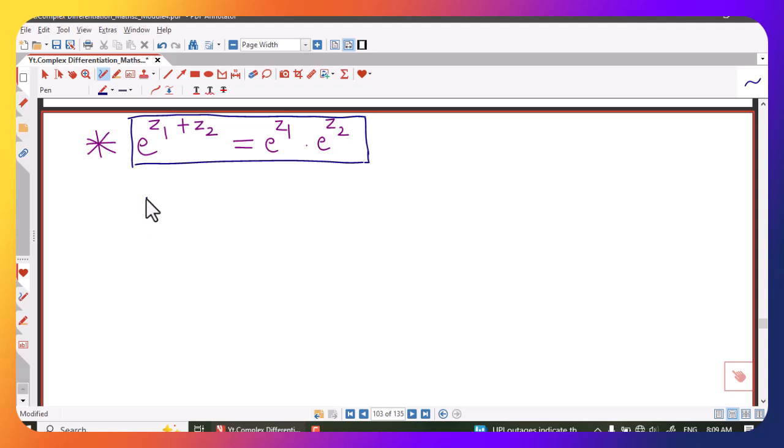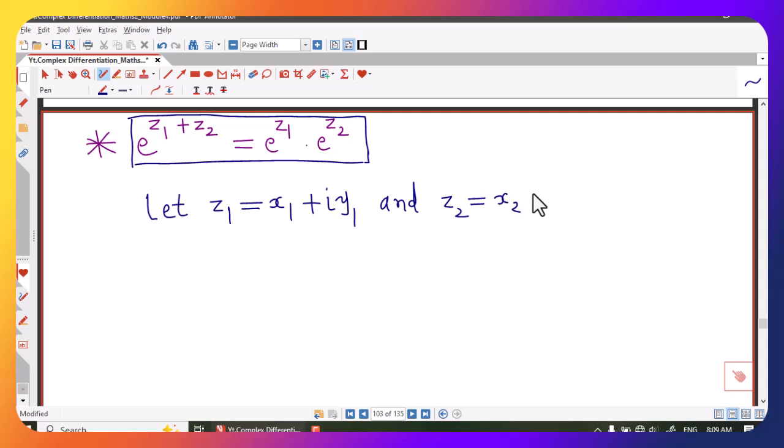For that we consider two arbitrary complex variables. Say z1 is given by x1 plus i times y1 and z2 is given by x2 plus i times y2, and we will require addition of z1 and z2 here.